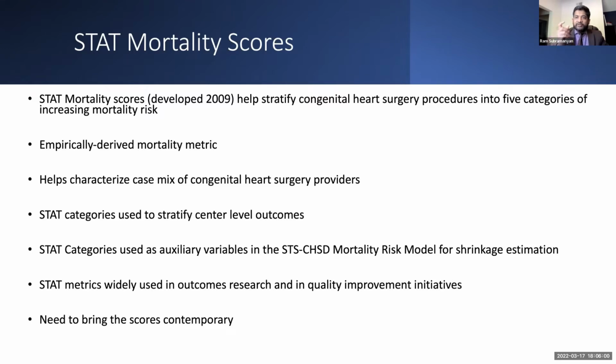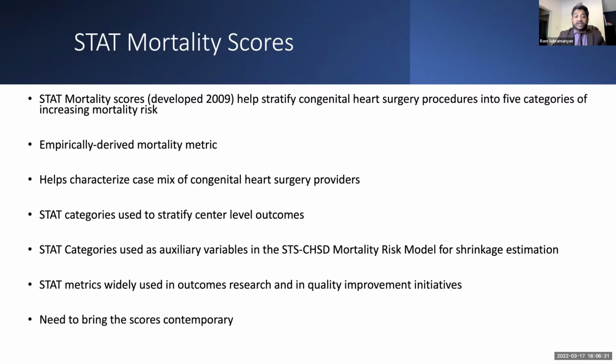That is, if the number of procedures is very small in the database, and if we have to borrow mortality data for those small procedures, instead of getting it from the entire universe of congenital heart surgery operations, the stat categories allow us to estimate shrinkage variables from within the stat category in which that procedure falls. So again, stat categories are only a small auxiliary part of the mortality risk model, and you'll see why this conversation is important as we move on.